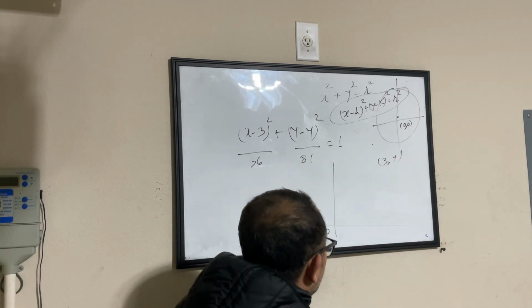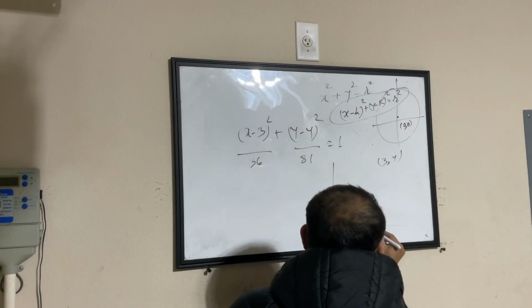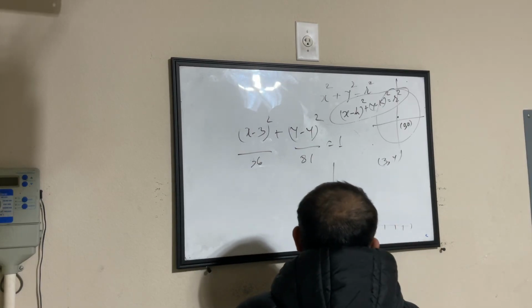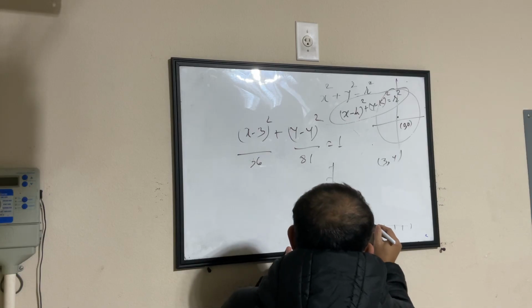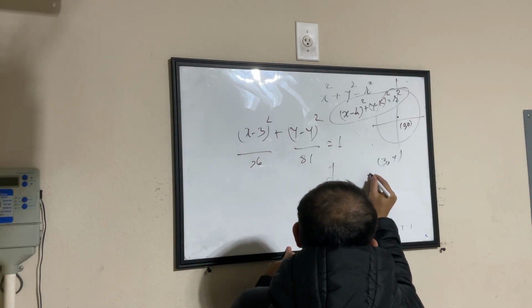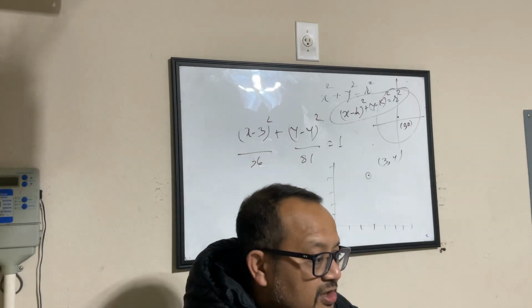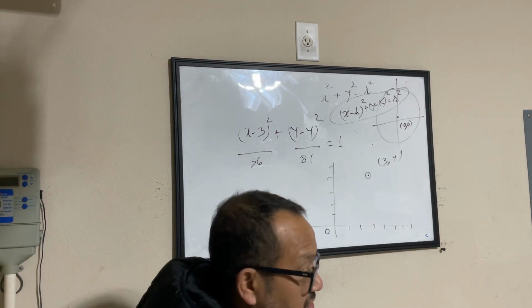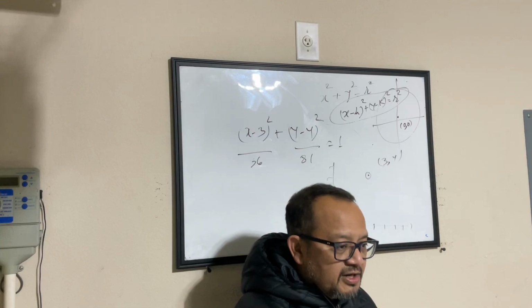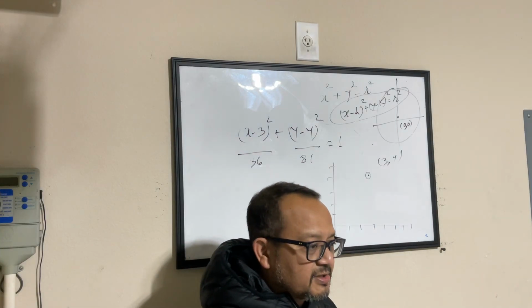It's (3, 4). So you're essentially talking about this being the center of the ellipse. You got the center of the ellipse. Now, tell me what is the major and minor radius of this ellipse?